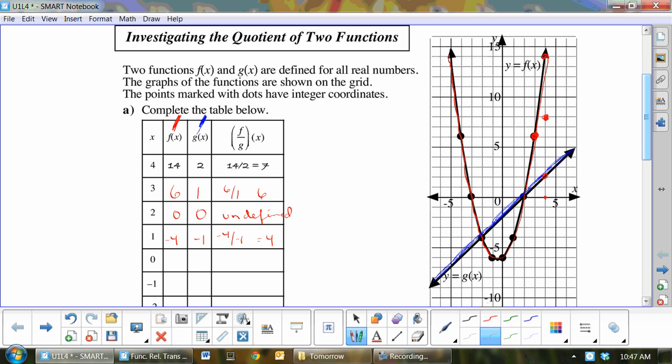So I have 1, 4. Like I'm getting it, it's a line. And you'll see the next point, let's just do 0. 0 will be negative 6 over negative 2, which is 3. So I'm getting it, it's a line, right?